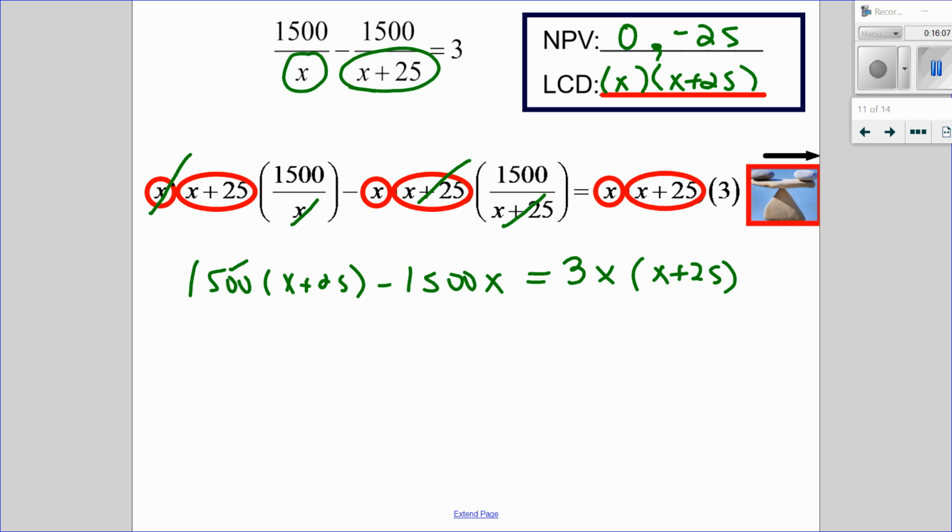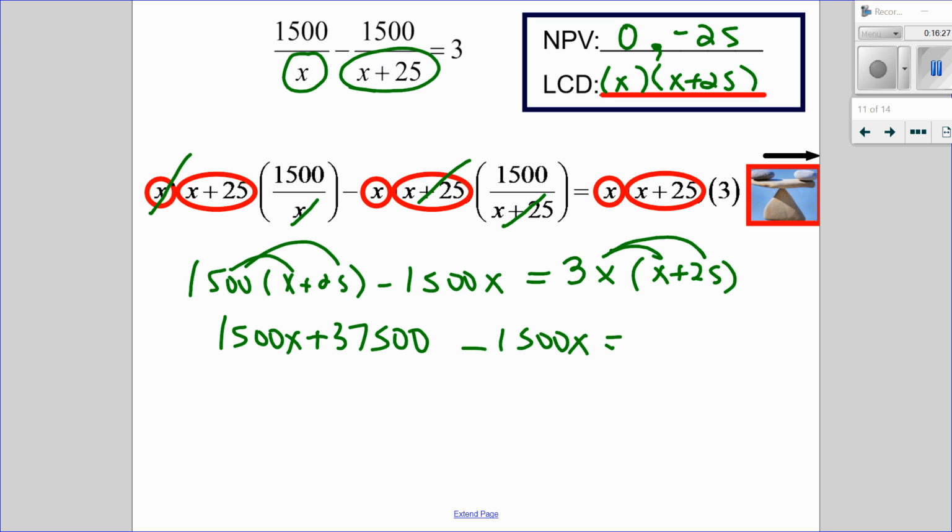Okay, so distributive property. So I'm going to do 1,500 times x, 1,500 multiplied by 25, minus 1,500x equals distributive property. 3x times x, 3x squared. 3x times 25 is 75x.